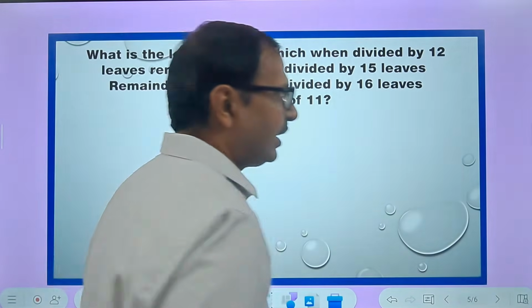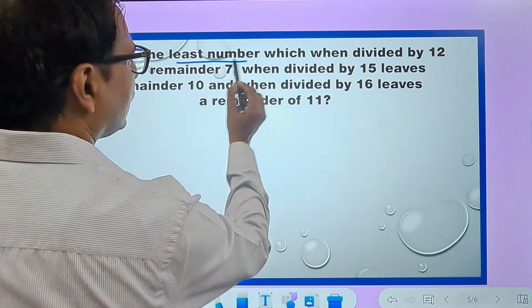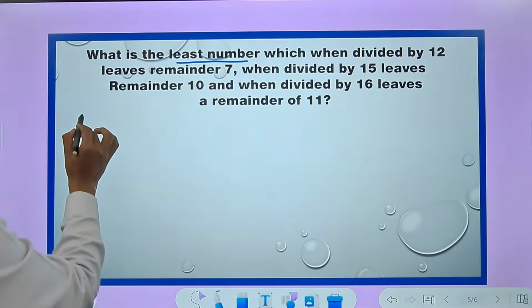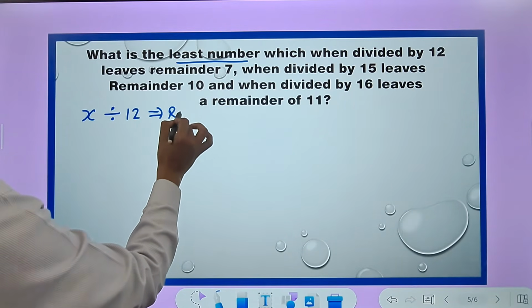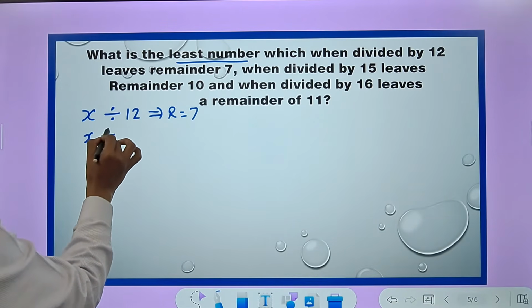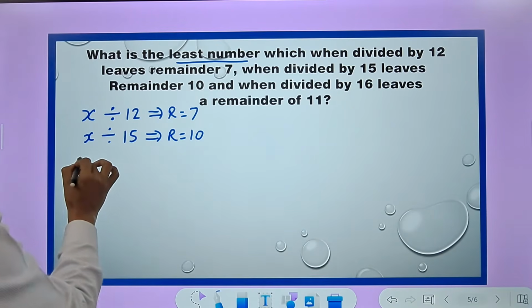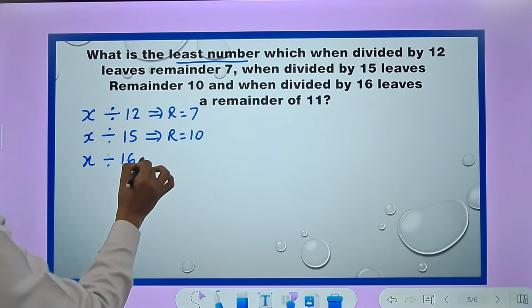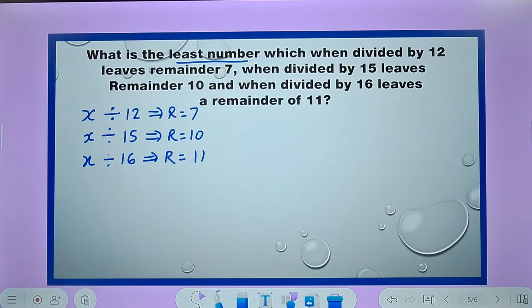Let's see another question. Here we have a question where you have to find the least number, that means the smallest number, which when divided by 12 gives you a remainder 7. The same number when you divide by 15 gives you a remainder 10, and when you divide the same number by 16, that gives you a remainder of 11, right? So another very easy question, because most of these questions are based on some particular logics which you use everywhere.